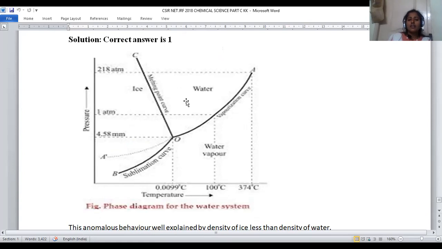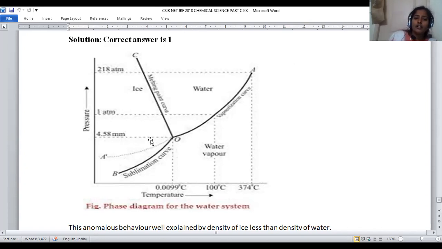Firstly, let us see the composition of the phase diagram of the water system. This water system was drawn between temperature and pressure variables. Temperature is the x coordinate, pressure is the y coordinate. We will get 3 curves and 3 areas, and the point where the 3 curves meet is said to be the triple point, right?